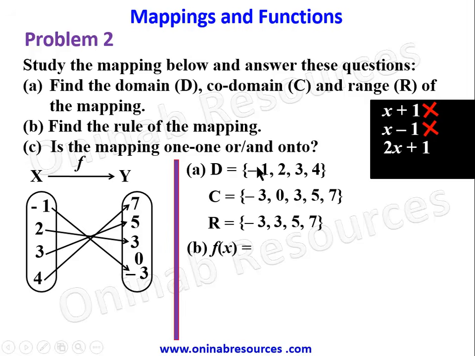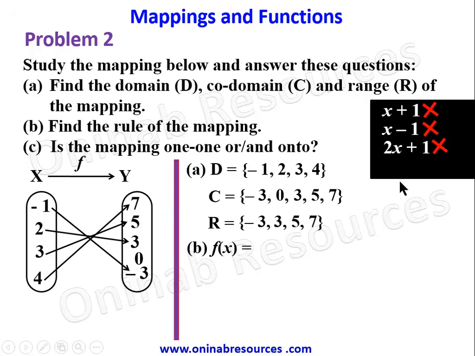When x is -1, 2 times -1 gives -2, and -2 plus 1 gives -1. Oh, that is not the rule.